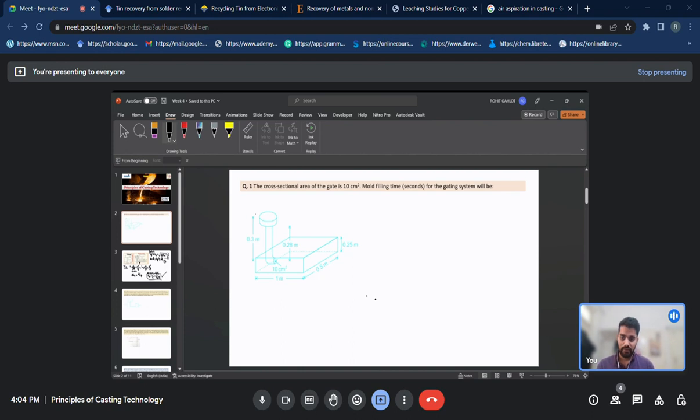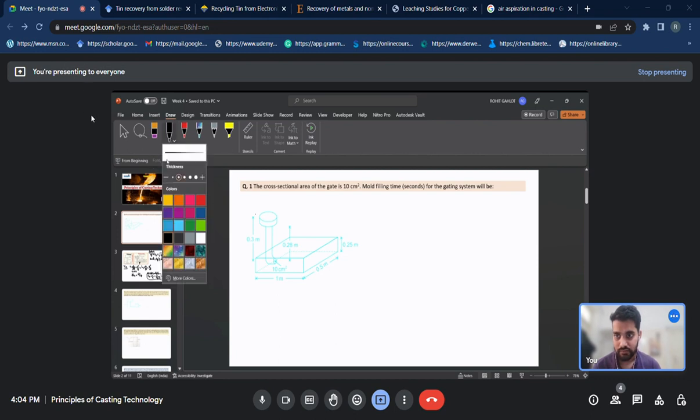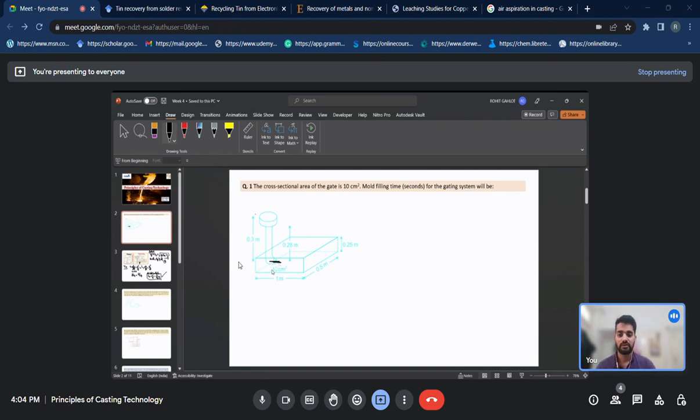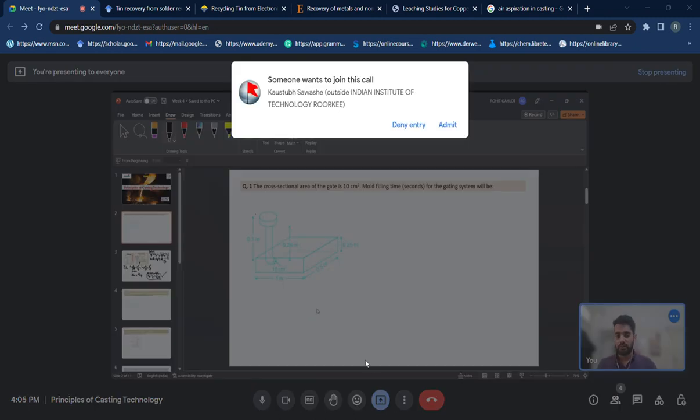From the figure, it can be seen that the mold is above the parting line, so it is a bottom gate problem. The mold will be filled from this position, with the hole you can see. So this is a problem of the bottom gating system.